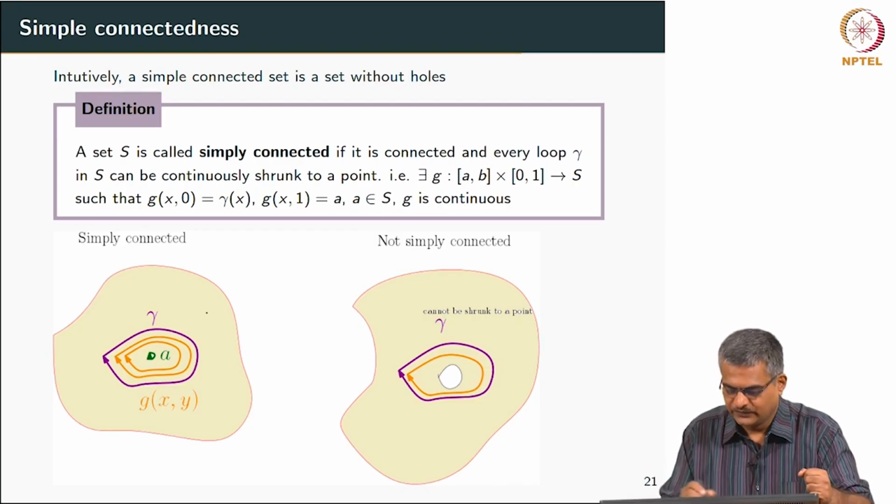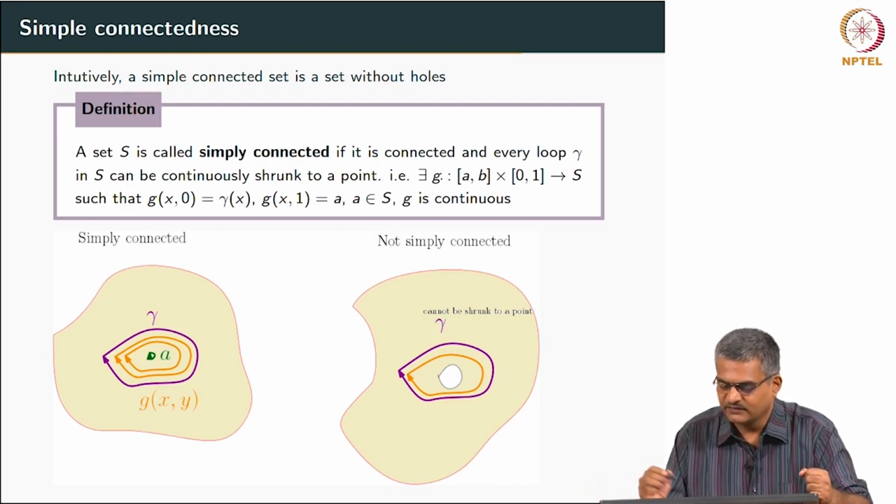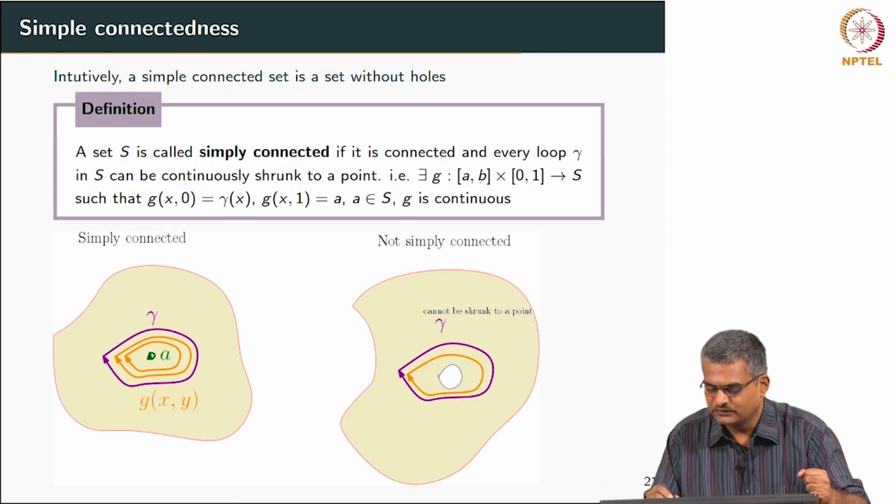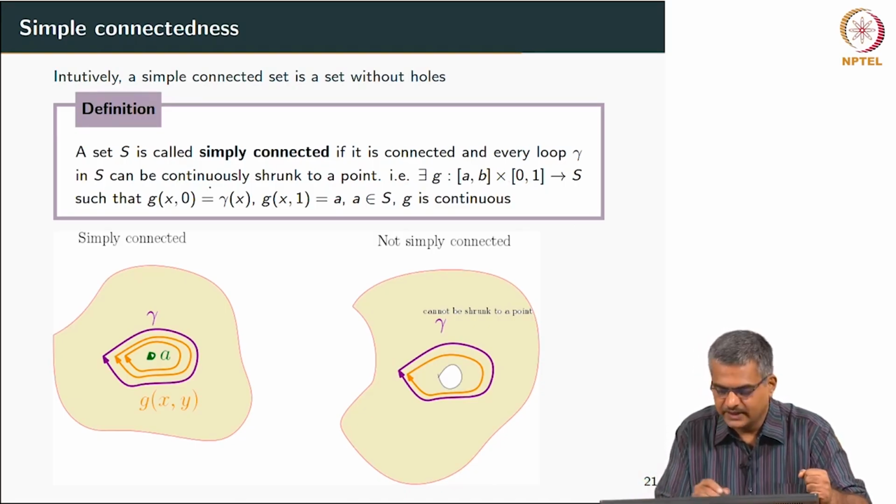More mathematically, there exists a continuous function g which maps from the interval [a, b] Cartesian product [0, 1] to the set S such that g at (x, 0) is the curve gamma and g at (x, 1), when it takes the upper limit of this set, is the singleton point A where A belongs to the set.